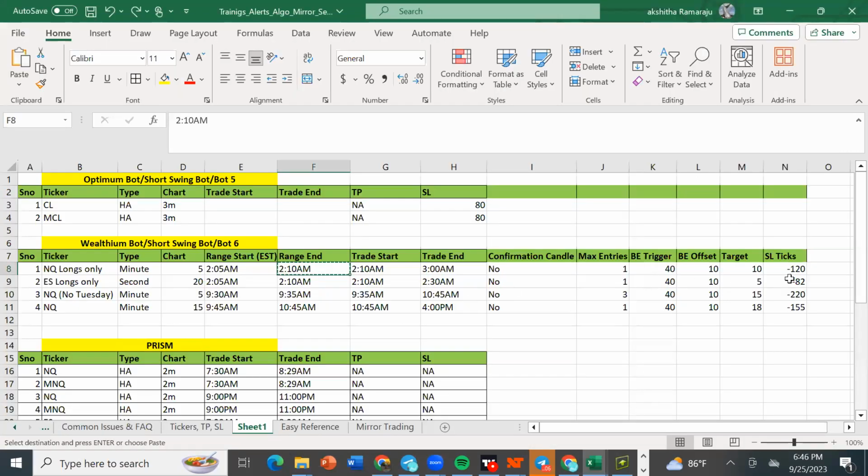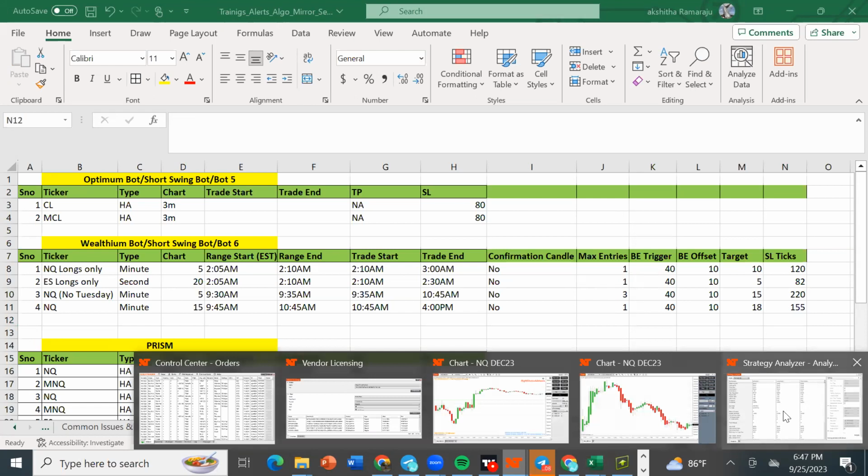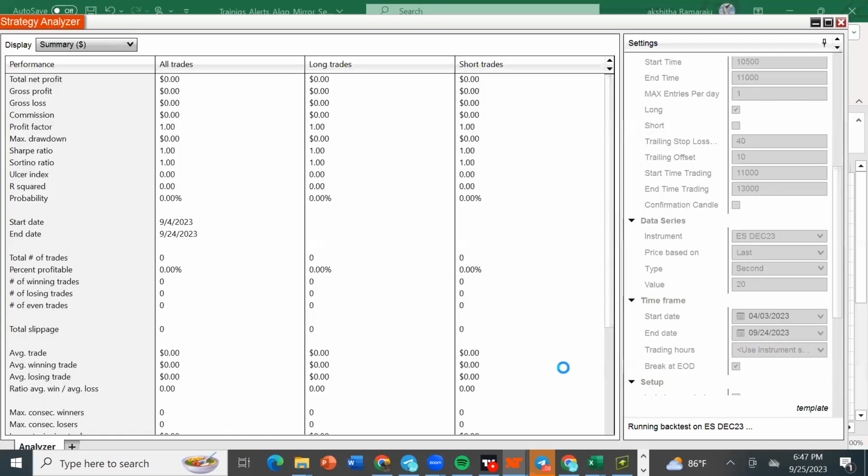Yeah, I'll change the stop loss to 120. It is still running.